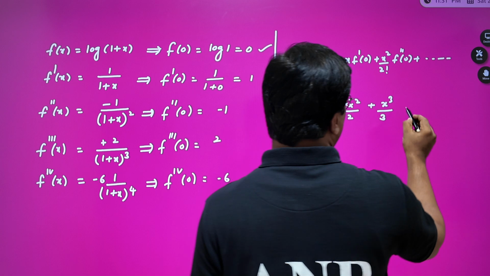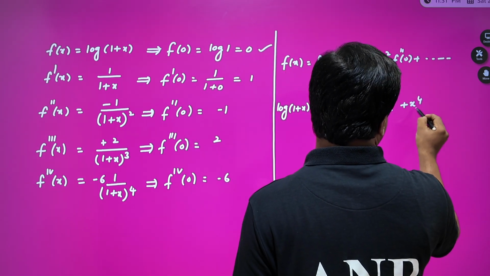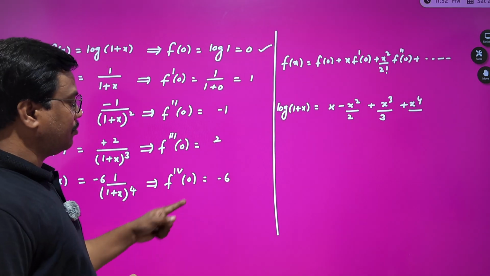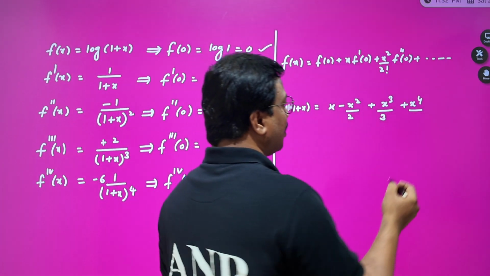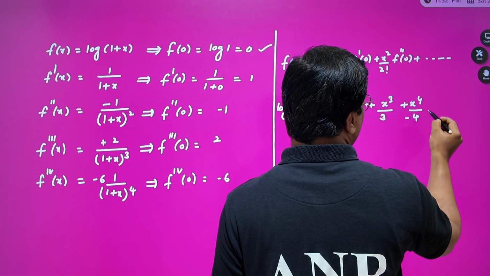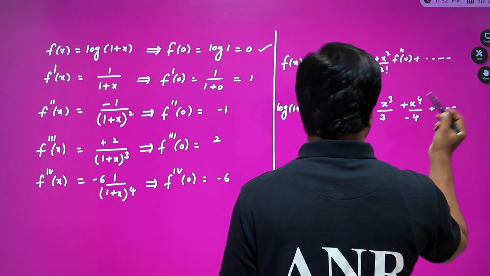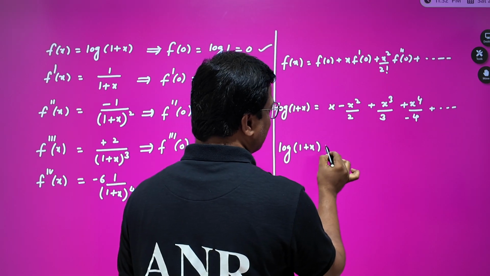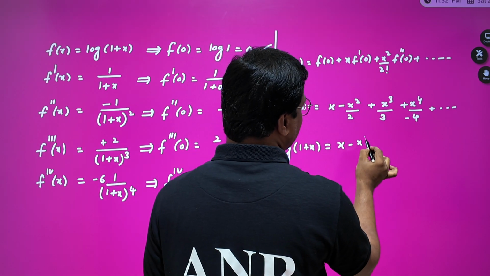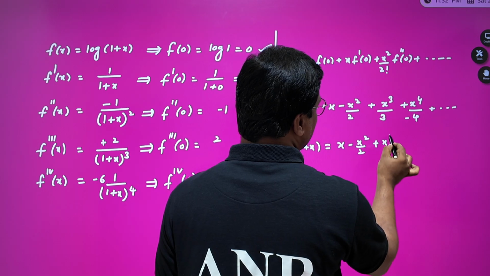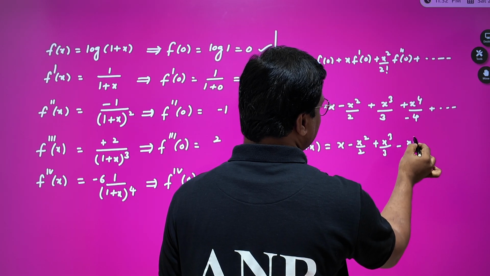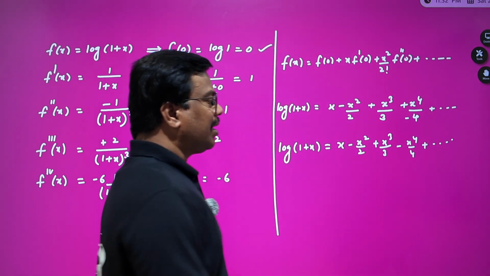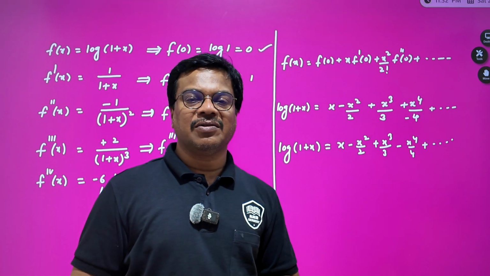Next x power 4 by 4 factorial, value 24, and here you will get minus 4 plus and so on, so that the expansion of log 1 plus x finally is x minus x square by 2 plus x cube by 3 minus x power 4 by 4 plus and so on. Alternate plus minus sign you will get.